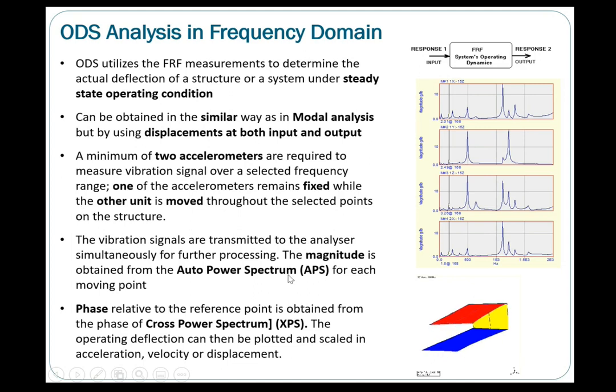The amplitude is obtained by auto power spectrum, to get magnitudes. The phase is through the cross power spectrum. That is additional information. So only two sensors are needed, and through some signal processing techniques, you can get the motions of any particular system that you are measuring.